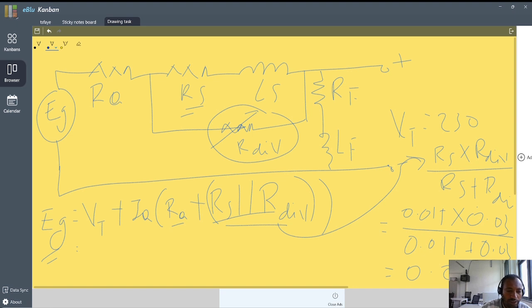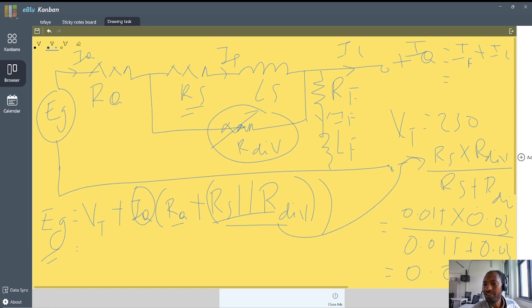I think before going down we have to get IA. What is IA? Here IA is equivalent to IS. Here is I load, and this is IF. So IA is going to be IF plus I load.